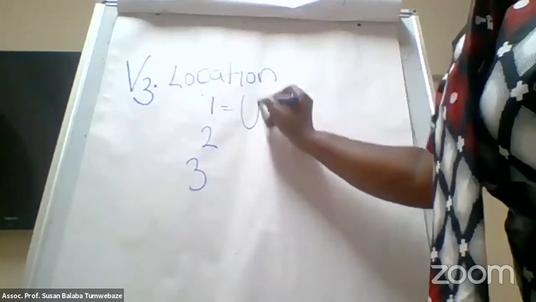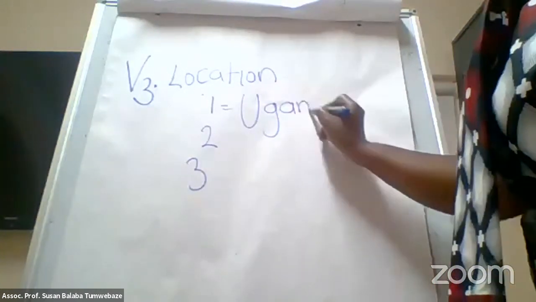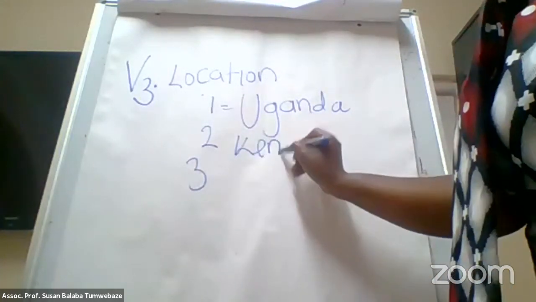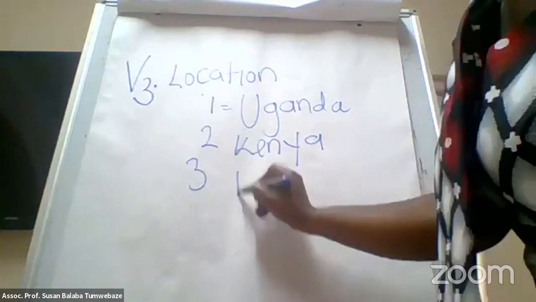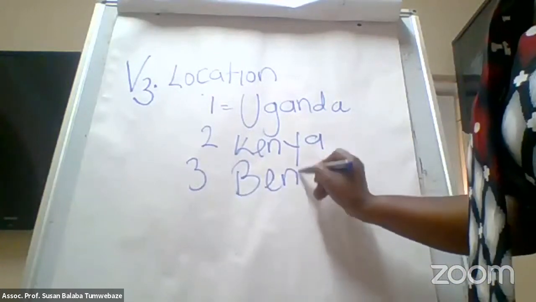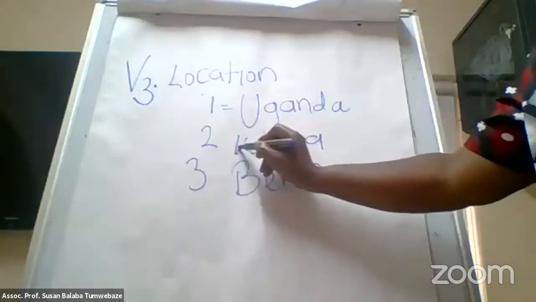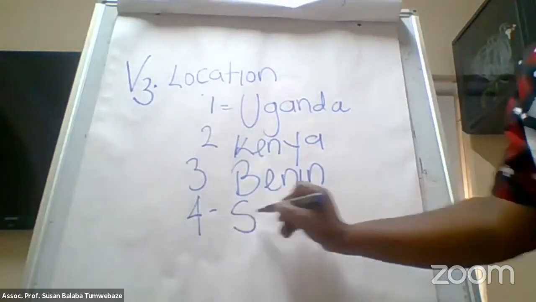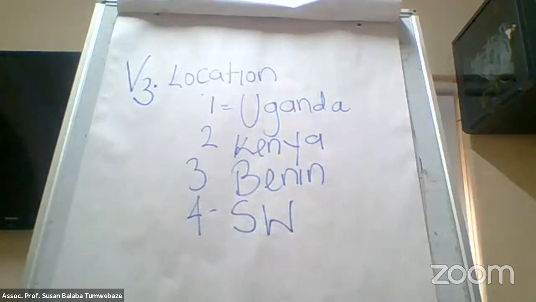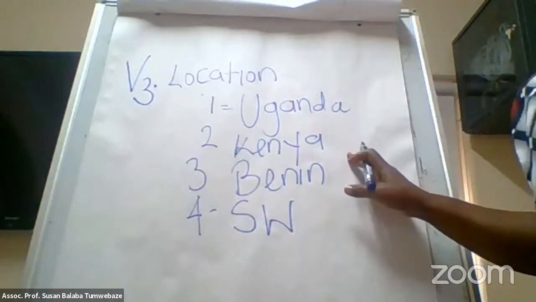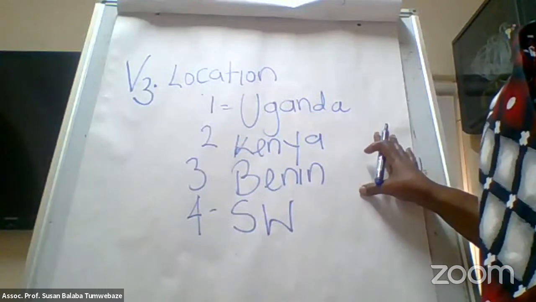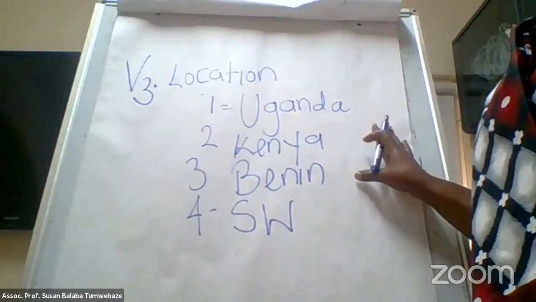So I'll say Uganda, because I'm in Uganda. Then I'll say Kenya, because it's East Africa. I'll say Benin, because it's Africa. Then 4, Swaziland. So this is how you code your data for ease of data entry and analysis.